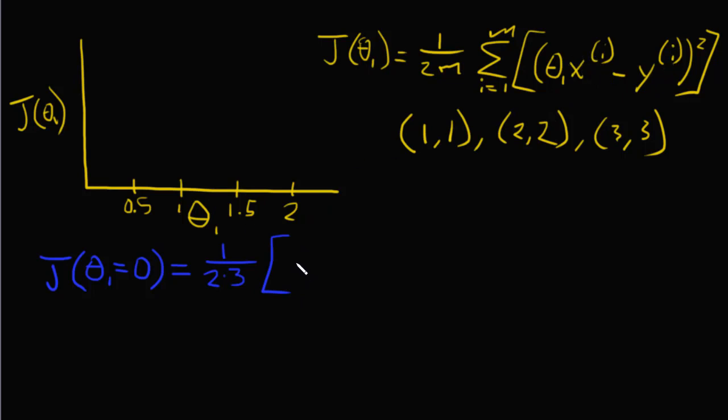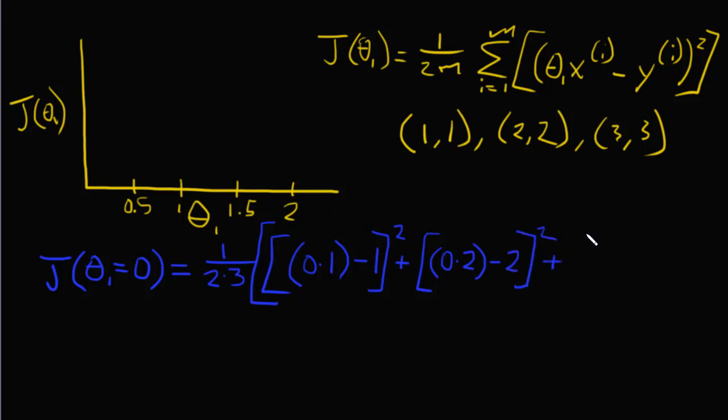So here we go. I'm going to start off with theta 1, 0, times the x value of the very first point, that's 1, minus the y value of the first point, 1, so that is going to be squared, and make a big bracket right there, plus, next point, I'll have 0 times the x value for the second point, which is 2, minus the y value of the second point, that's going to be squared, and then finally, I'll have the third point.